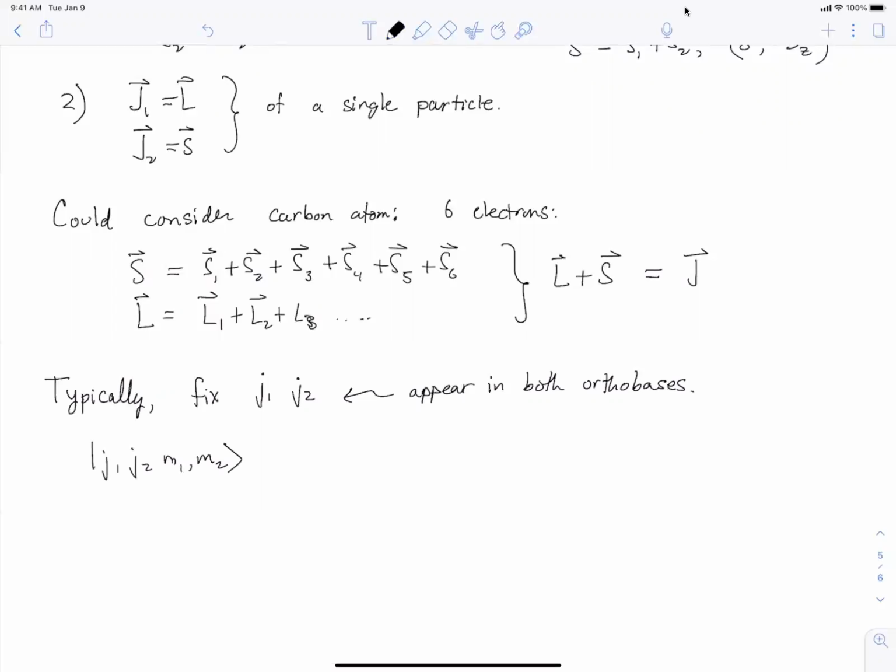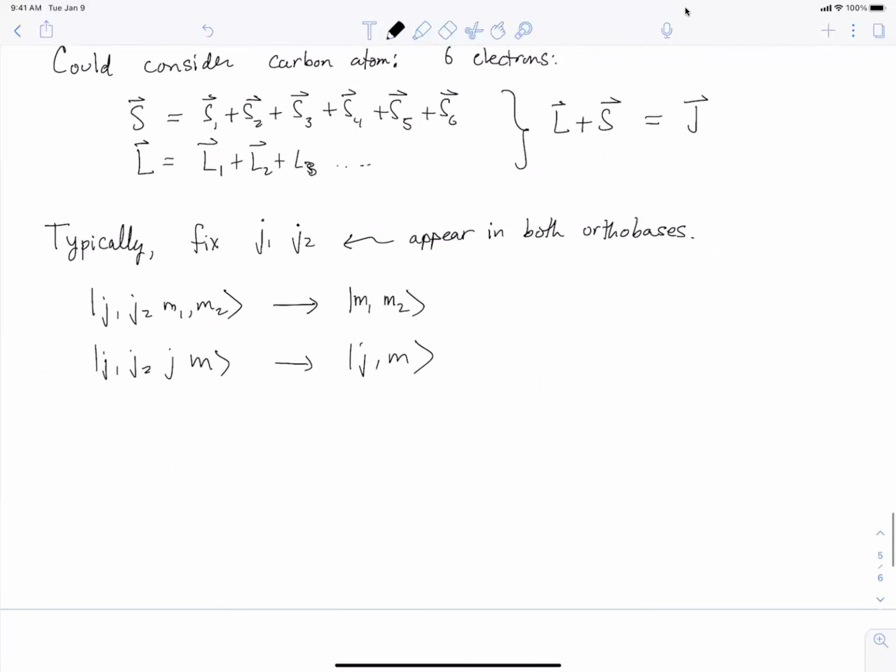Then I can just ignore the first two labels and write this as M1, M2. And the other basis has labels that look like this, J, M. And so again, because the first two labels are just common to both, I can suppress them and just write my states like this.